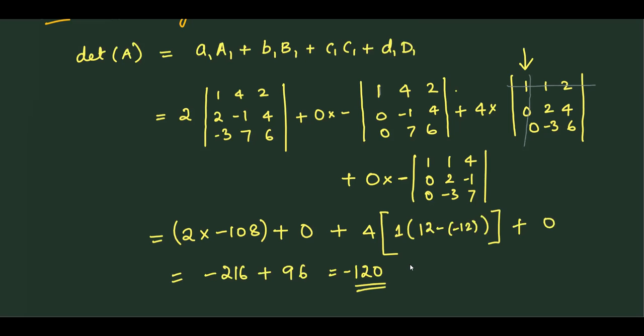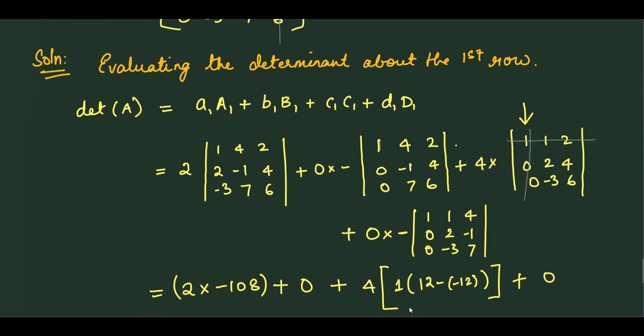So this is how we evaluate a determinant. So what do you do for a 10 by 10 matrix determinant? You have to evaluate 10 9 by 9 cofactors and then multiply with the coefficients. Now how do you evaluate those 9 by 9 determinants?